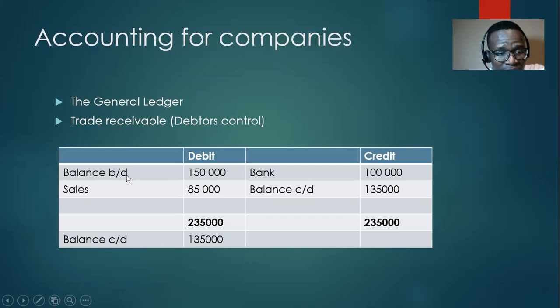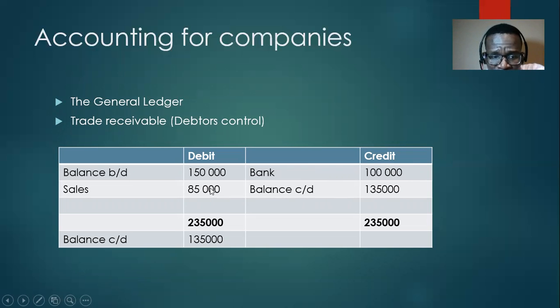opening balance is a debit of 150,000. Then we are told that we made sales of 85,000. Because this is an asset account, when the customers make a payment, it reduces the trade receivable by 100,000.